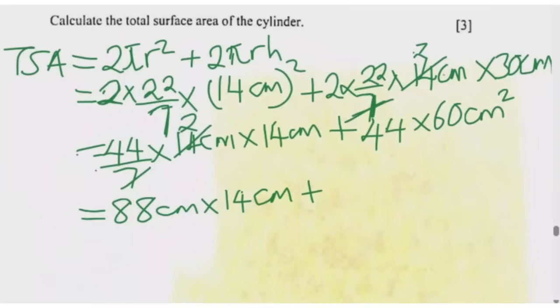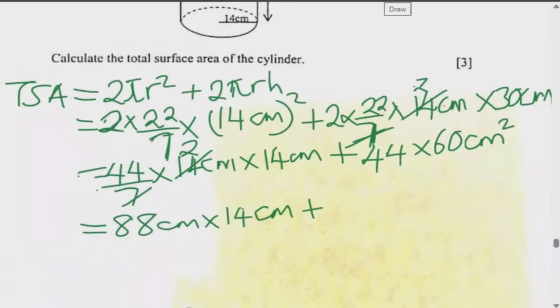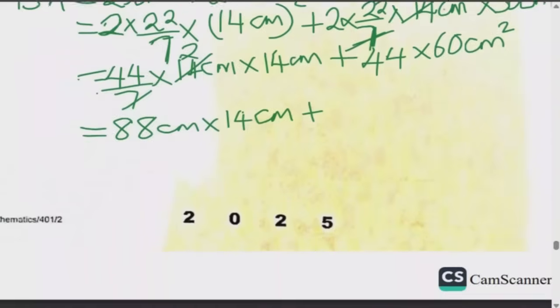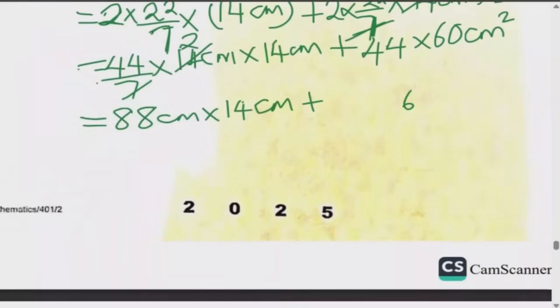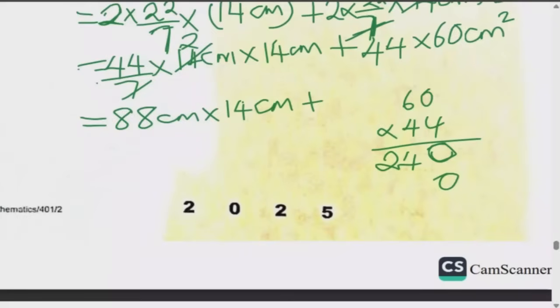So we have got 60 times 44. Let me calculate down here very fast. 4 times 0 is 0. 4 times 6 will give us 24. So that will be 440. So we put 0 here. Then 4 times 6 will give us 24. So it will be like this.